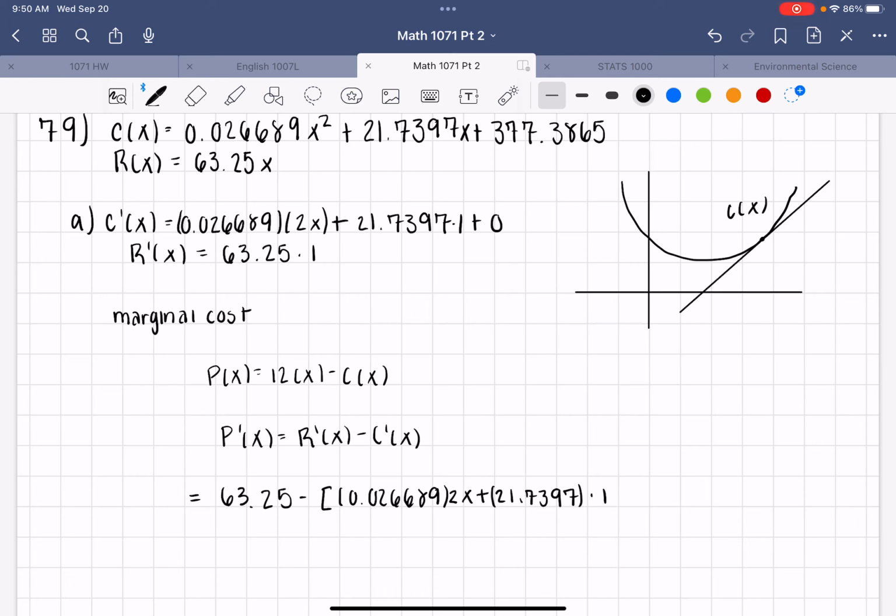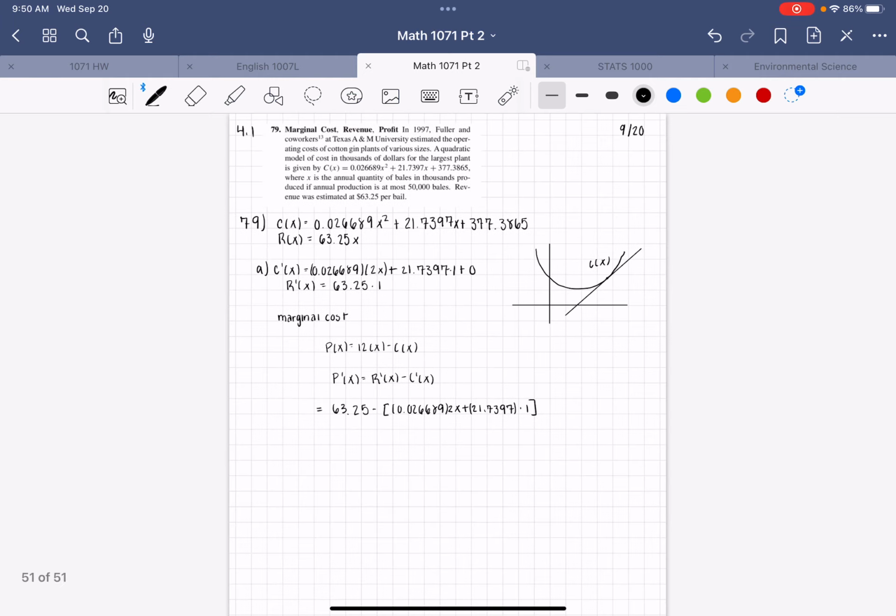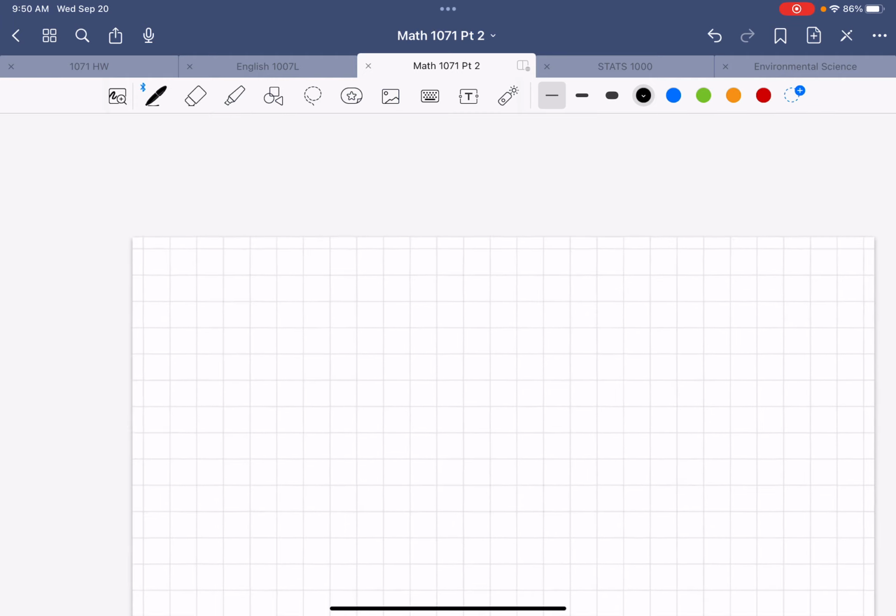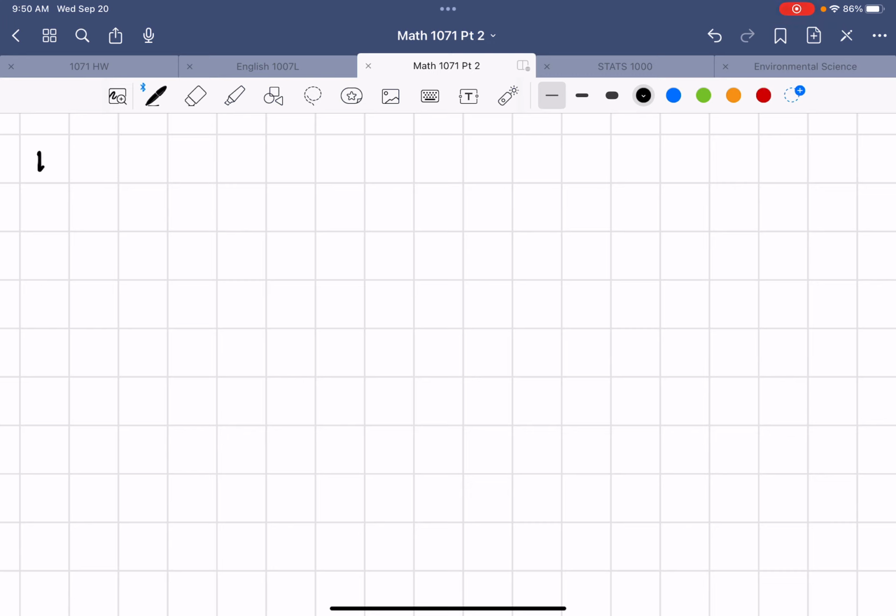This is something called the product rule. And it says, let's say that you've got two functions, P and Q. And you want the derivative of the product. Well, here's what you do.